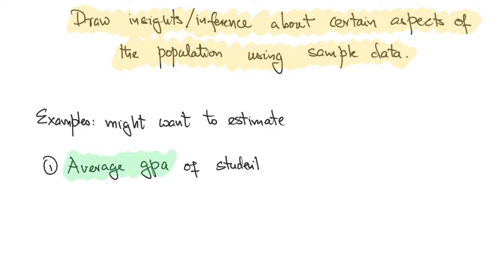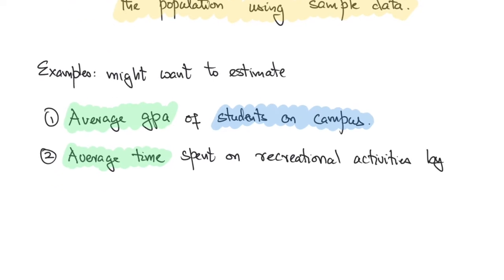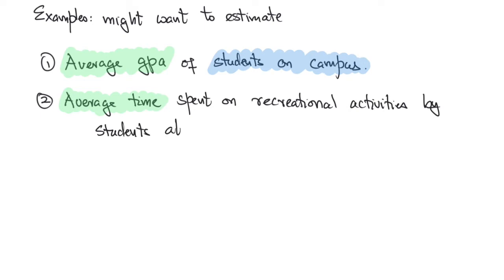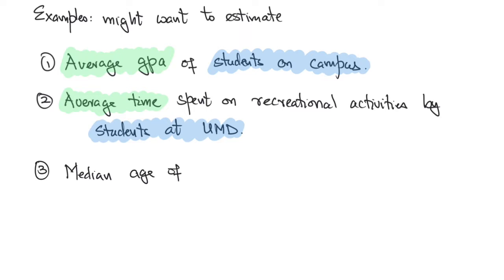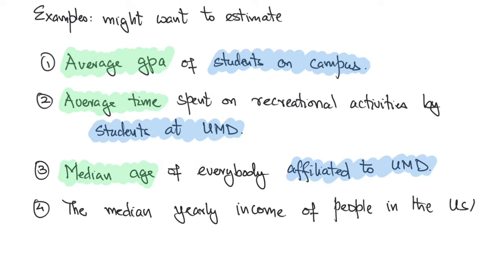all students on campus, or perhaps the average time spent on recreational activities by students at UMD. There is an interest possibly in the age or the median age of everybody affiliated with the University of Maryland, or we might be interested in the median yearly income of all the people living in the United States of America.